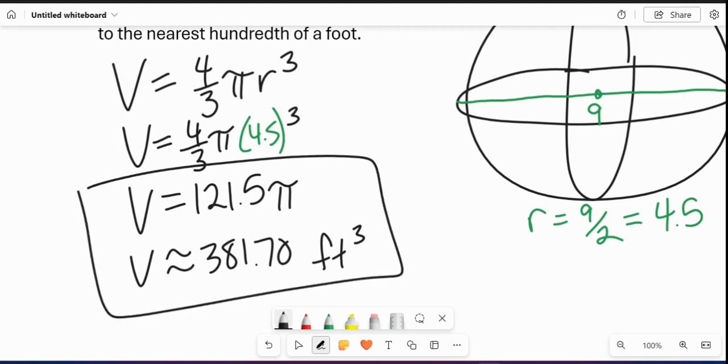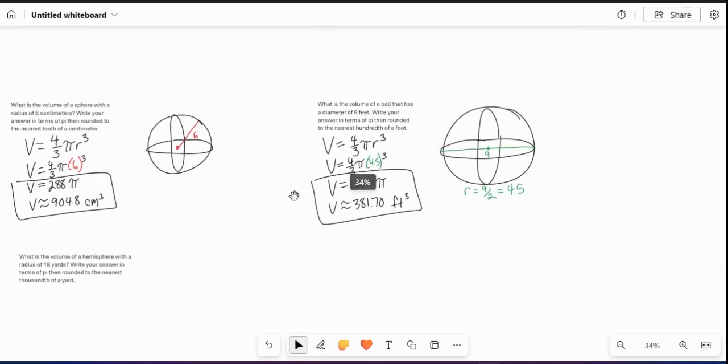There's our two answers. Okay, just remembering that the diameter is double the radius. So what you have to do is take the diameter, divide it by 2, and you get the radius. All right, one more.